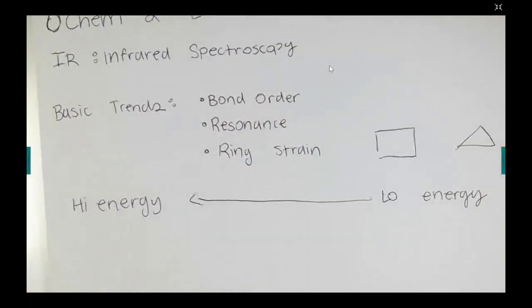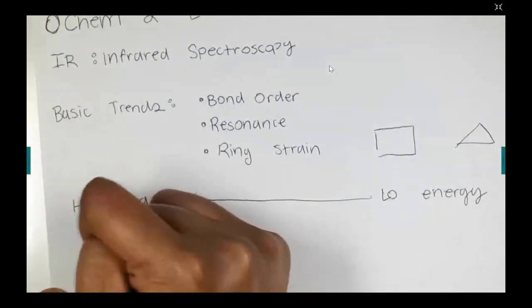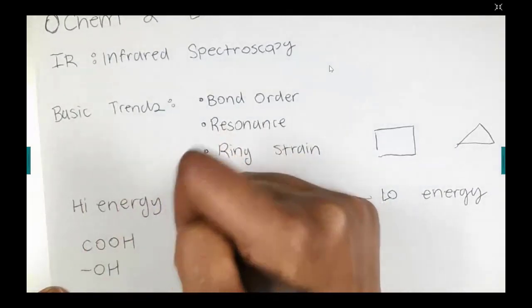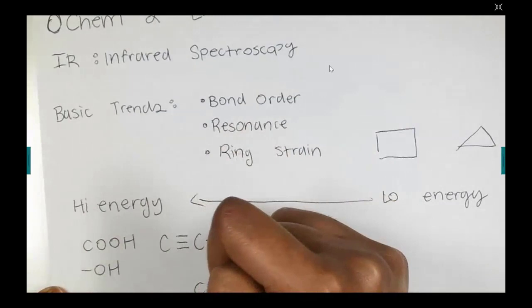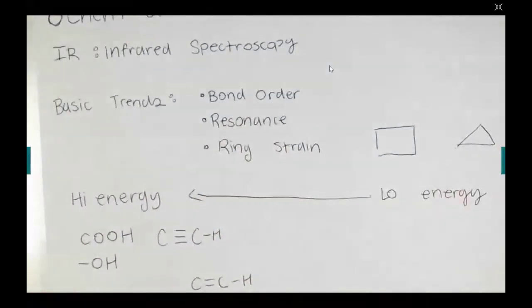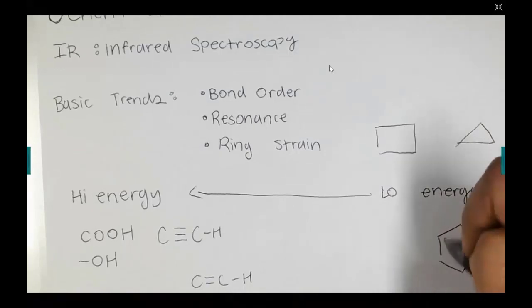So you might remember from the trends that you saw that carboxylic acids are high energy, alcohols are high energy, your triple bonds tend to be high energy, your double bonds tend to be high energy, and on the low energy side, you tend to see benzenes, which have a lot of resonance.